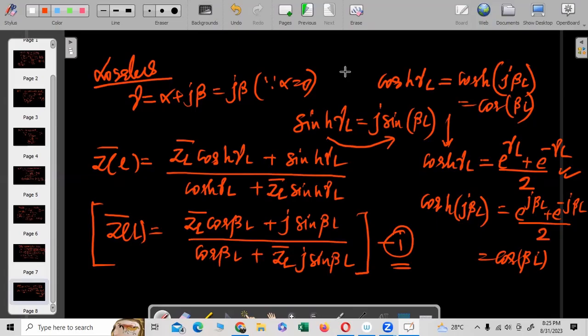Now, what is our idea, I am telling. In the next page, some interesting observations will come. Some characteristics we need to do. Three cases. First case is, let's say, impedance value repeats after lambda by 2 distance. This is a statement, but we need to prove.